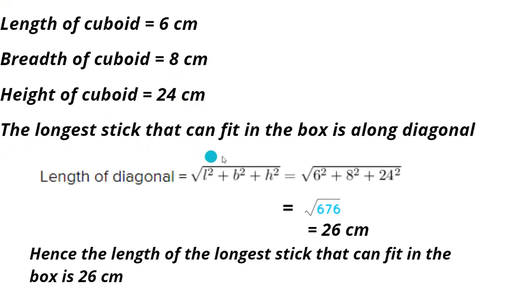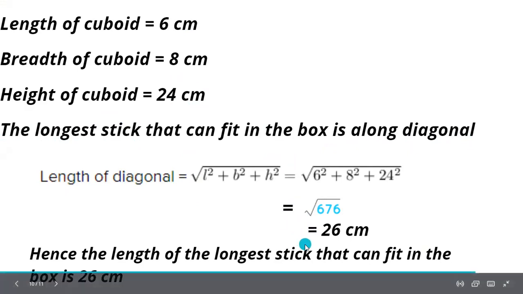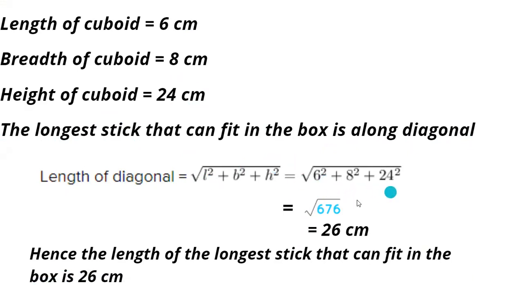The longest stick that can fit in the box is along the diagonal. Using the formula, the longest length of the stick is 6 squared plus 8 squared plus 24 squared. 6 into 6 is 36, and then 8 into 8 and 24 into 24.